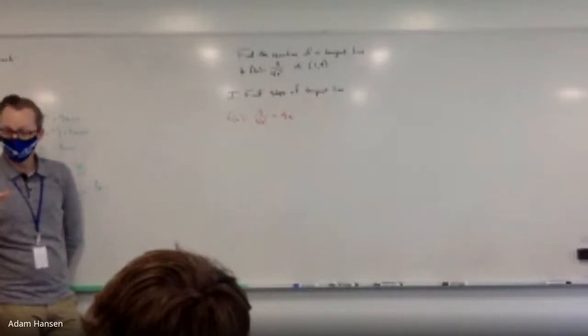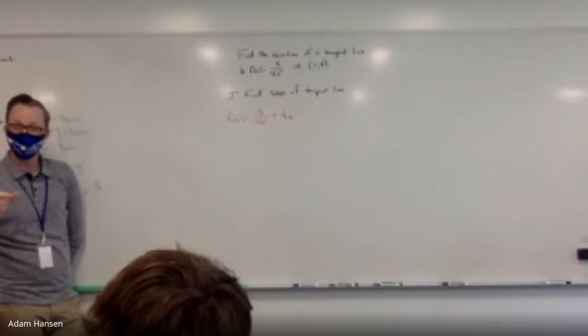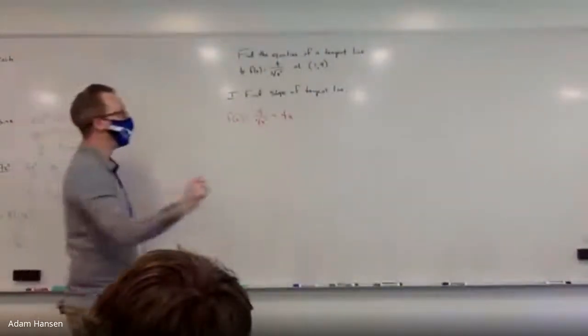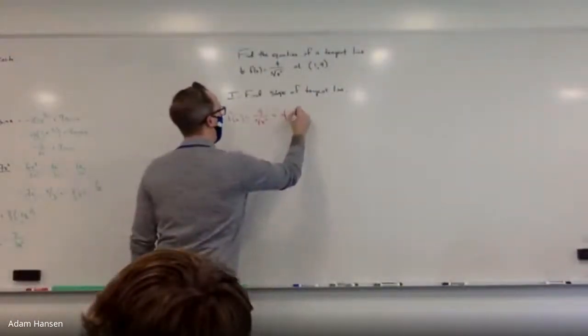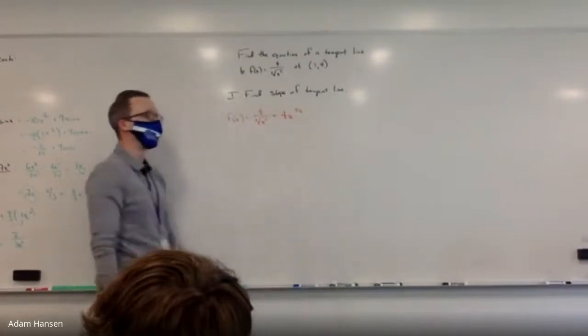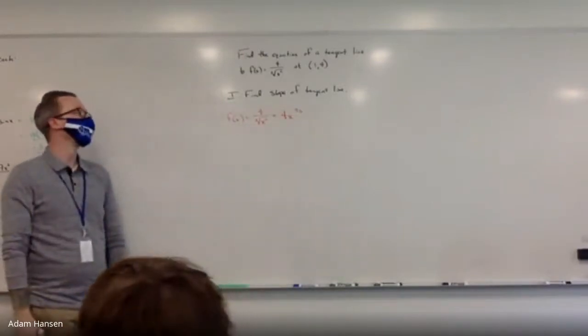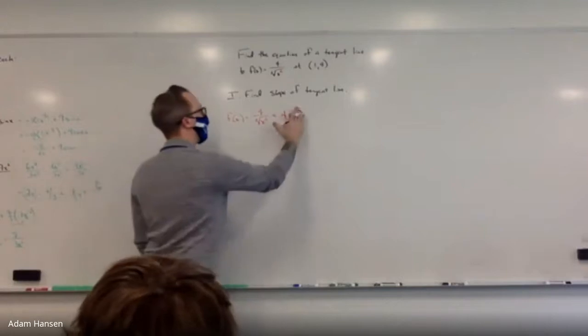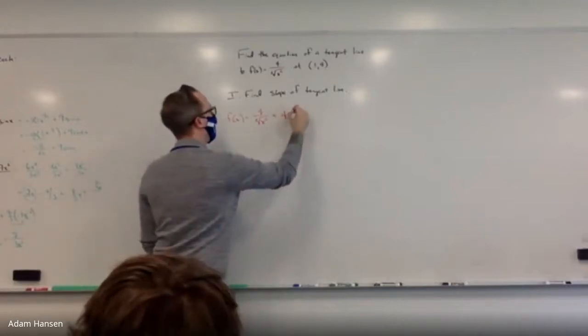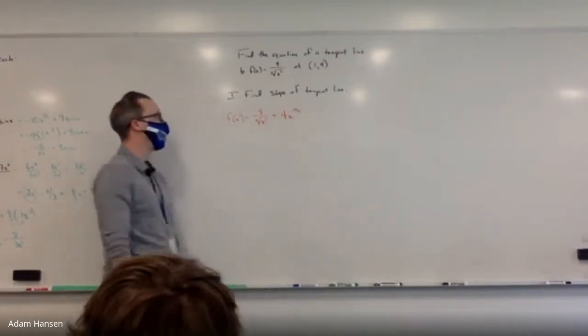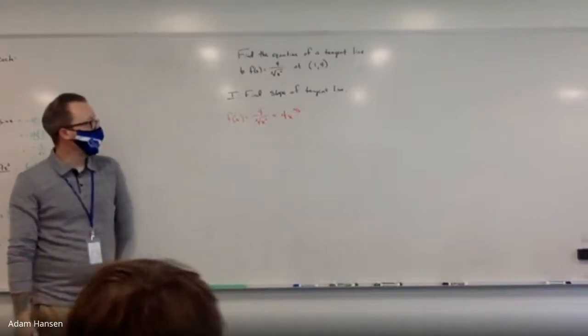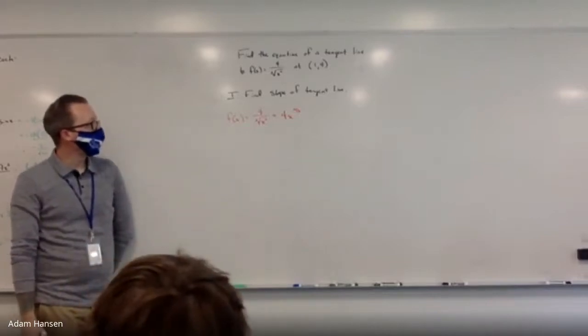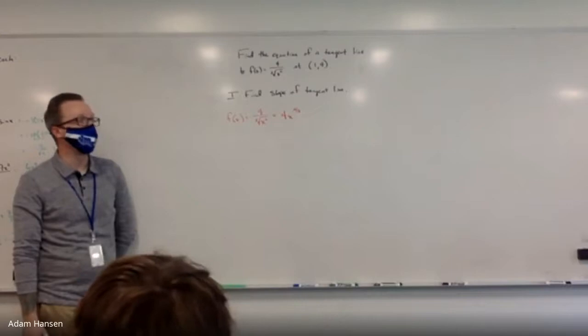I'll write it as a power. 2/3. Since it's in the denominator, it's going to be x to the negative 2/3. I'll write this in exponential notation using 2/3 as the same thing as the cube root of x squared. Since that's in the denominator, let's make that a negative exponent.